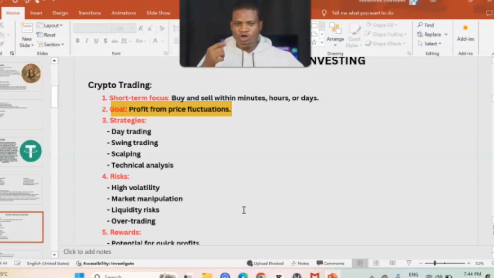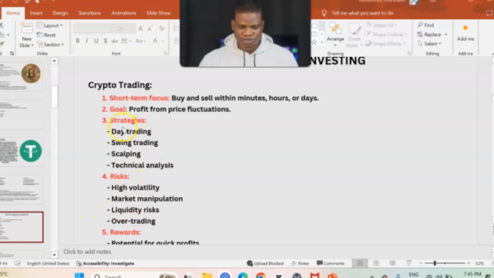So as the price is going up or down, you make money from it. For example, let's say Bitcoin is at $62,000 per Bitcoin and it goes up to $62,500. Then you buy it at $62,000 and sell at $62,500. That is simply the art of trading, right? You are literally making money from short-term price fluctuation.